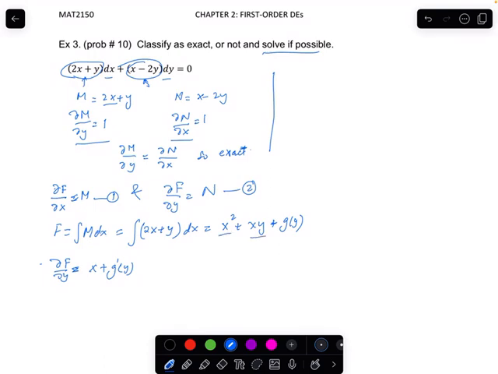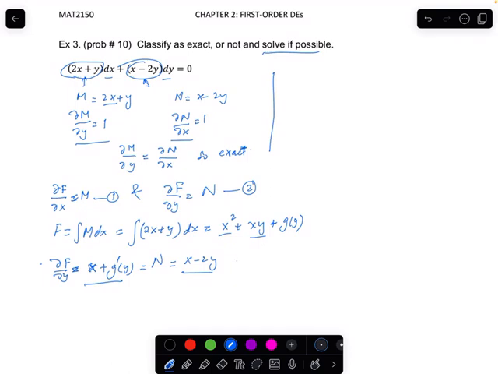Because the derivative of this is 0, the derivative of this y will be 1, and x is treated as constant, so it just stays. So x into 1, which is x, plus the derivative of g of y, which is g prime of y. But then this is equal to N, which is actually x minus 2y.